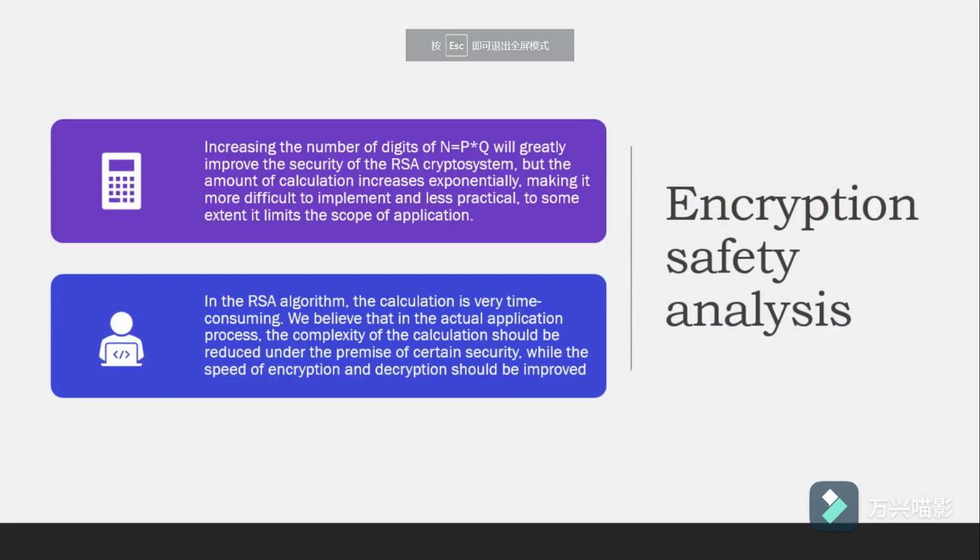So that concludes the RSA algorithm. Increasing the number of digits of n equal to p times q will greatly improve the security of the RSA cryptosystem, but the amount of calculation increases exponentially, making it more difficult to implement and less practical, which to some extent limits the scope of application.